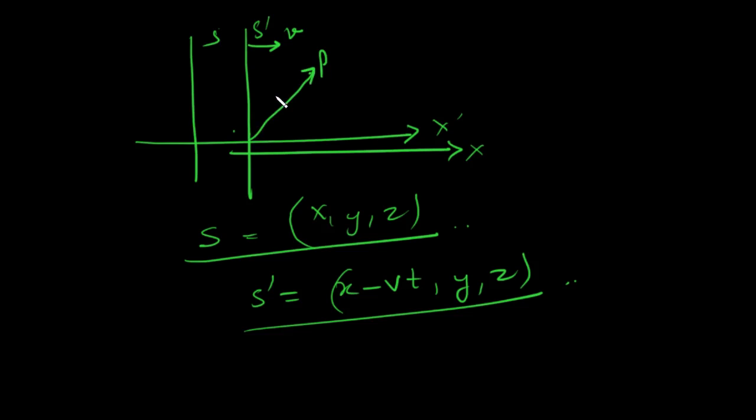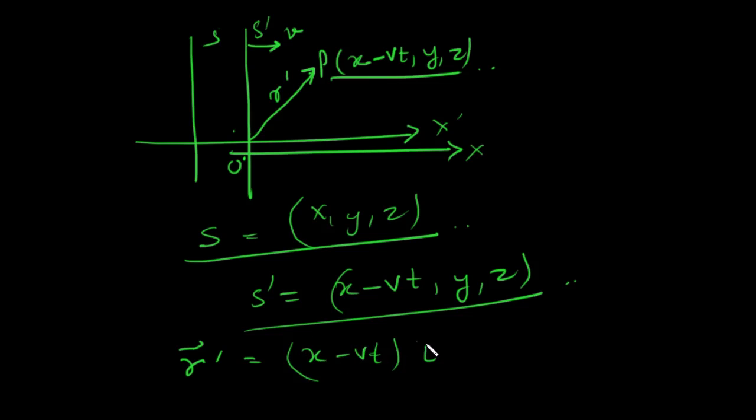So if we draw a radius vector from the point O dash, the origin of S dash, this would be r dash, and this would be x minus vt comma y comma z. So the r dash radius vector would be equal to x minus vt i plus yj plus zk.